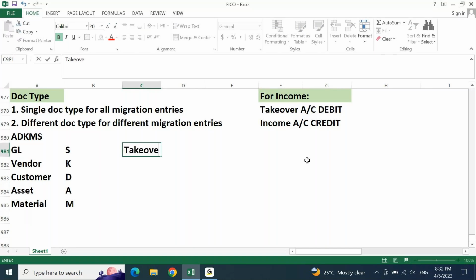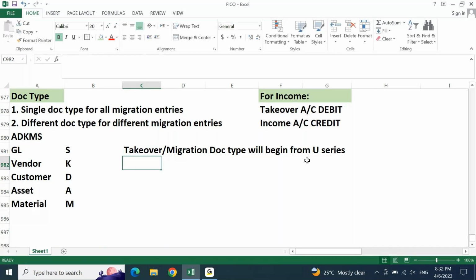Now, your takeover or migration document type will begin from the U series. Option number one: if you want a single document type for migration entries, you may create UD, upload document, or UE, upload entry.